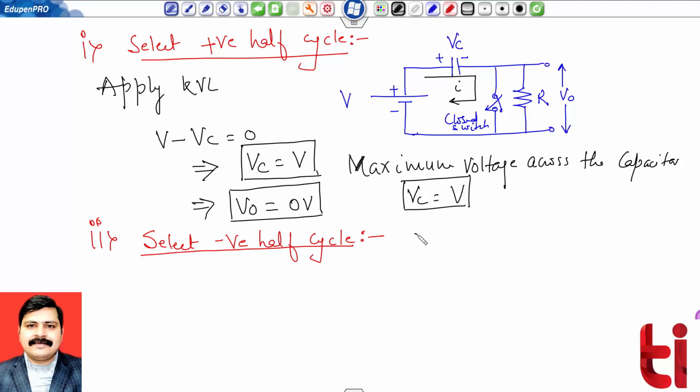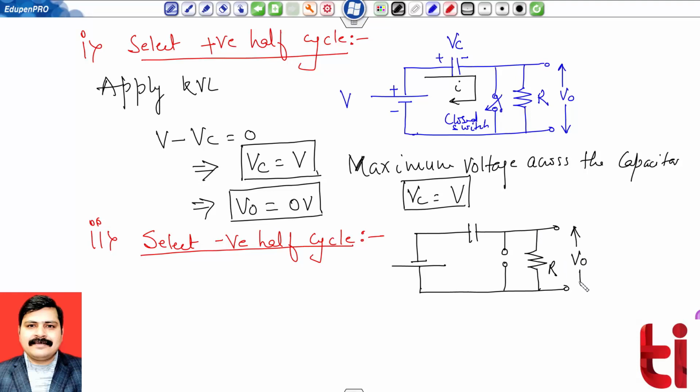So I am redrawing the circuit. The capacitor was initially charged to a value of V. Now it's a flat voltage, but it's a negative voltage. This value is R. I have to find what is the output voltage in this condition.